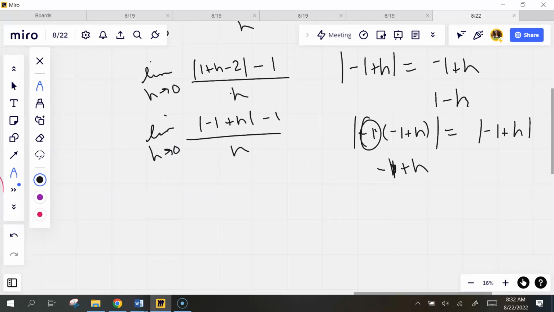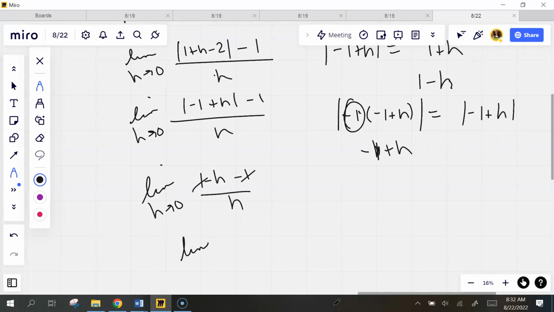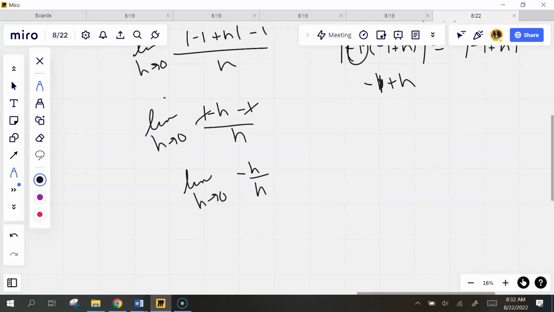So here, if I change that, I've got the limit as h goes to 0 of 1 minus h minus 1, and now it makes a little more sense because these would cancel. Well, I can do either way with the absolute value to solve.